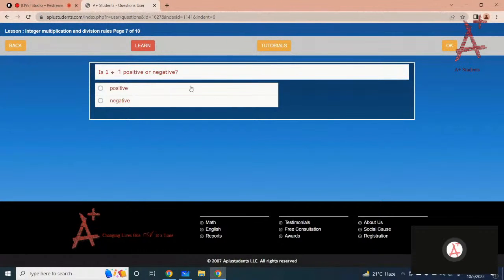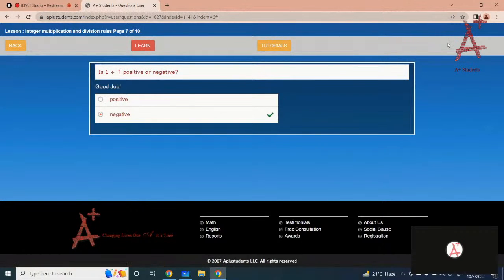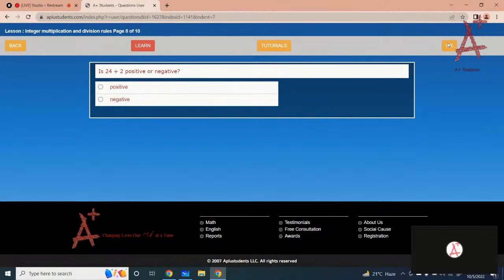It is negative because both the numbers have different signs. Okay, is 24 divided by 2 positive or negative? It is positive because you are dividing two numbers with the same sign.